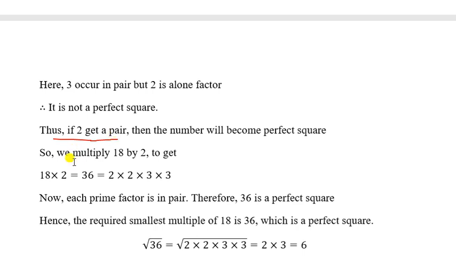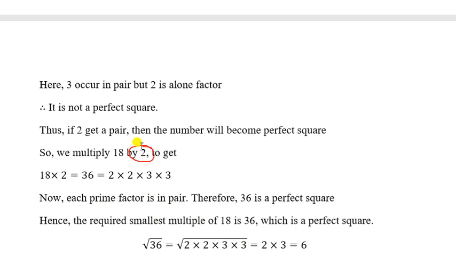That's why we multiply 18 by 2, and we get 36. That means we get 2 into 2 and 3 into 3. Now each prime factor is present in pair form, so 36 is a perfect square number. The number we have to multiply by is 2. Then only it will become a perfect square number.